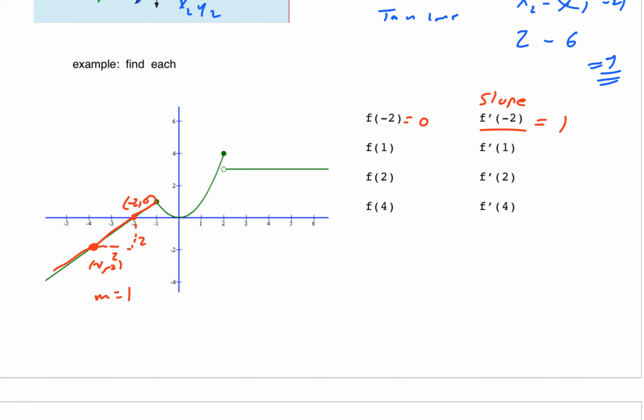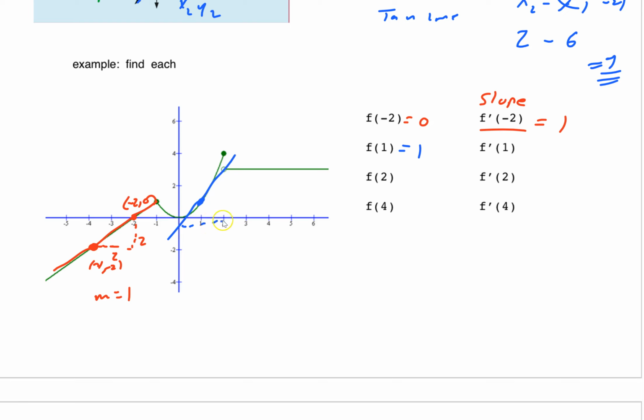Now let's go f of 1. F of 1's right here. There's really no value. Let's just say it's 1. F prime of 1, right? Slope of the tan line. Now here's a curve. I actually gotta draw a tan line. God, my tan lines are awful. And then you gotta find the slope of that tan line.